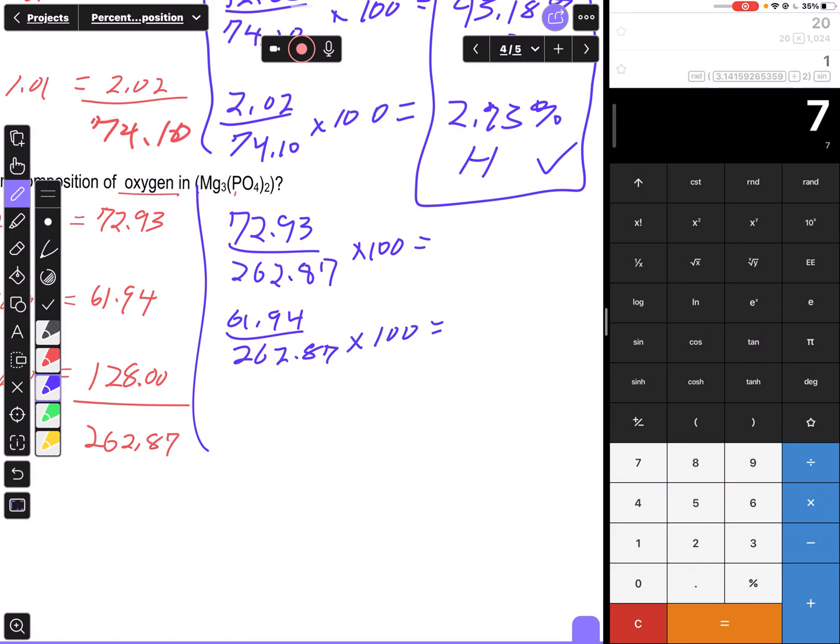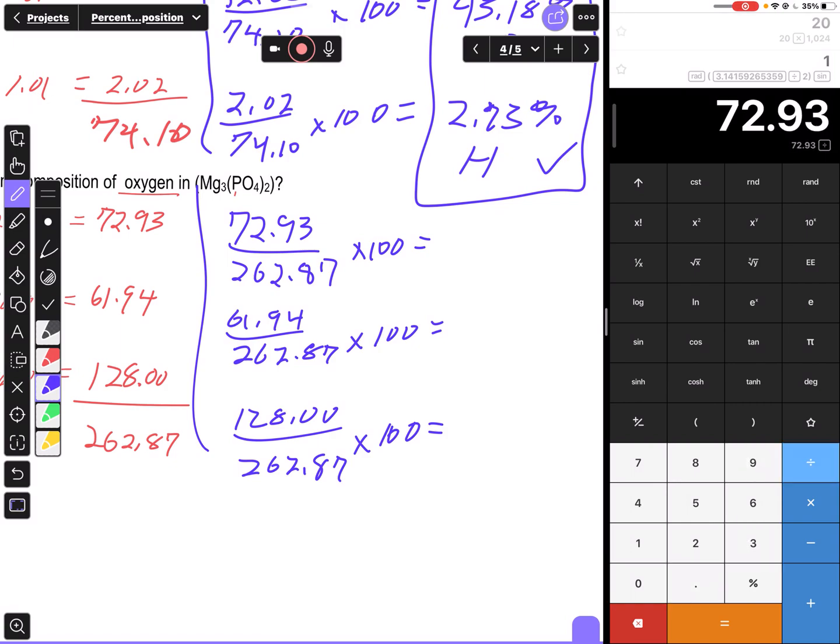Multiply that by 100. And then last, for the oxygen, I would take 128.00 divided by 262.87 times 100.